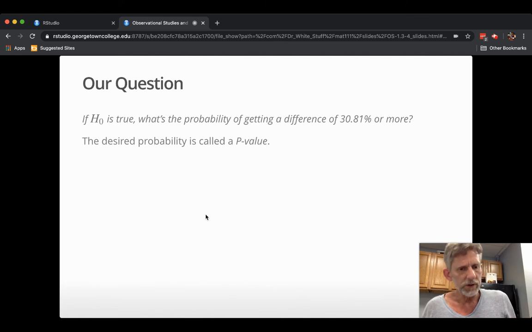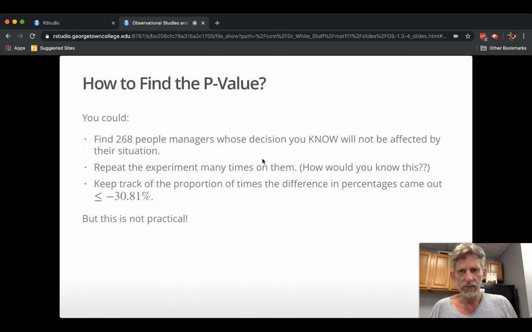If the H naught is true, if there really is no relationship between the way you're asked the question and the type of response you give, then what's the probability of getting a difference of 30.81% or more like what we got in this experiment? So again, the term for that we learned back in dolphin communication is p-value. This probability that we're looking for is a p-value. And how do we find that p-value?